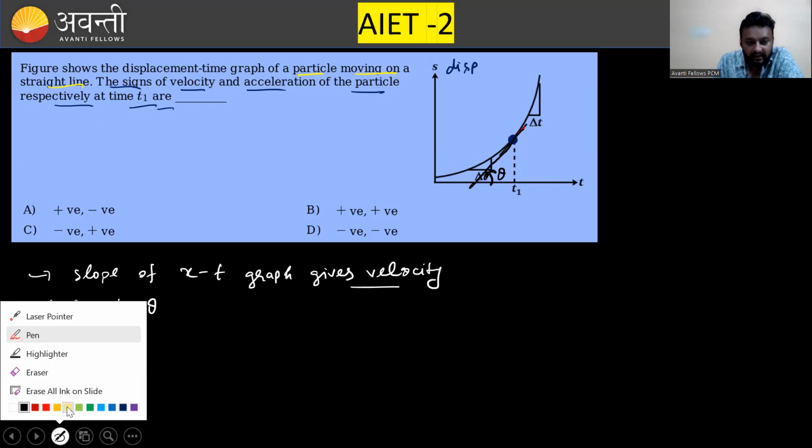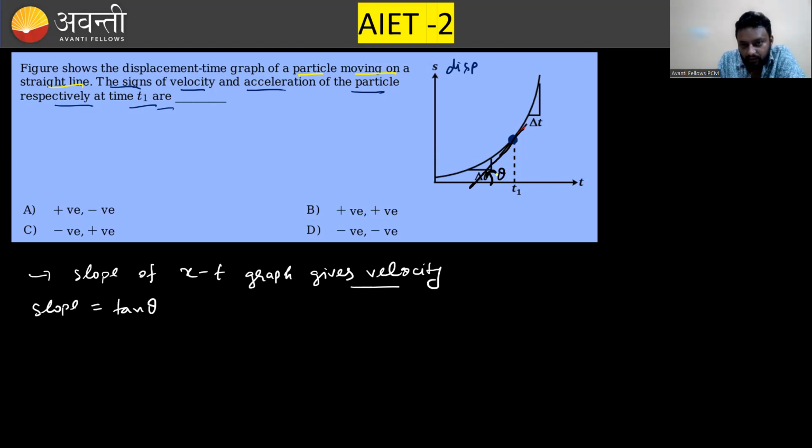That means you can see here, in this particular case, the tangent I have drawn, this is known as slope, and this slope has some acute angle, or this angle lies in the first quadrant. That means it is positive.